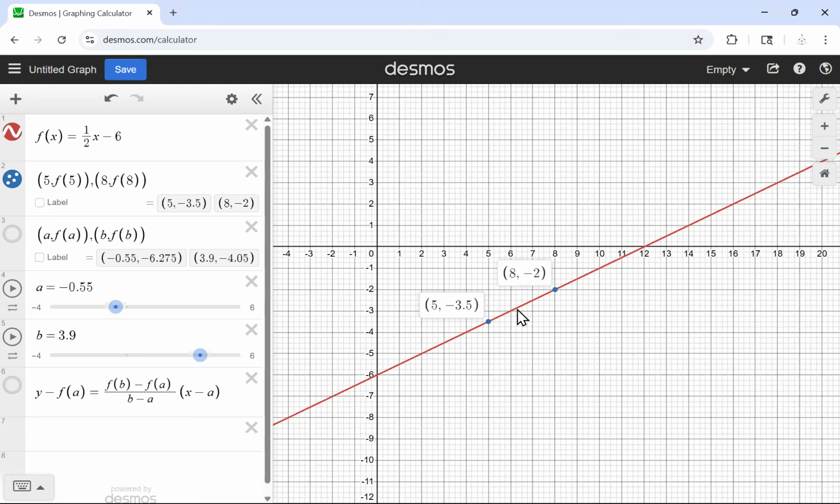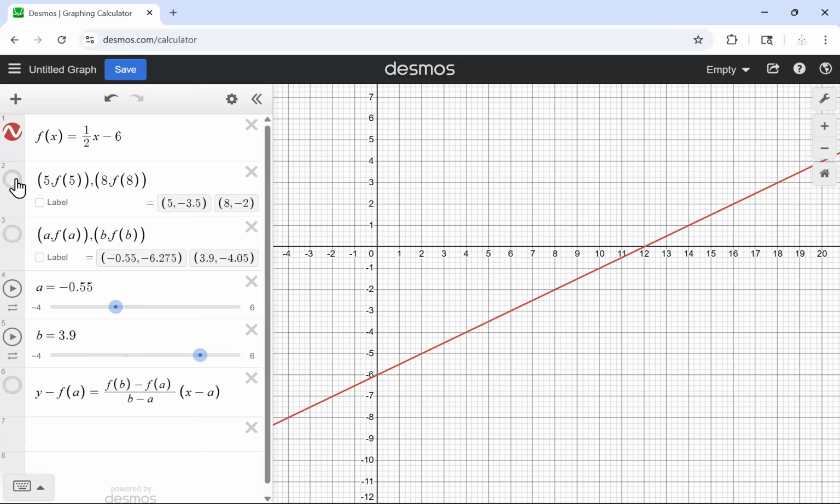Well, what's the slope of the line that connects those 2 points? Well, the slope of the line that connects those 2 points is the line itself, or it's the slope of the line we're using, which is 1/2, right? The line we're using has slope 1/2, so therefore the average rate of change.